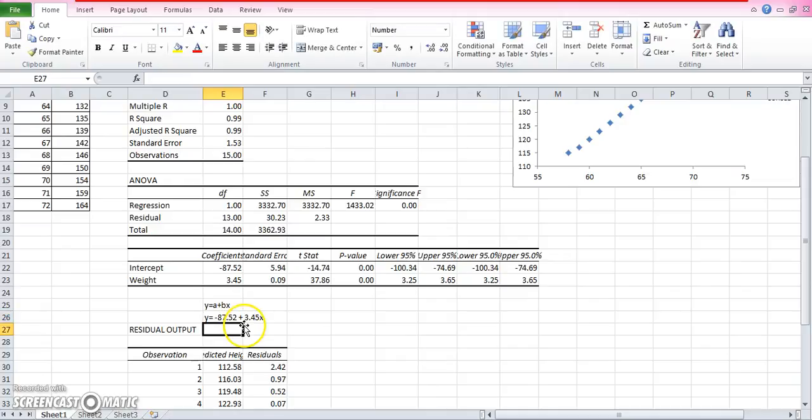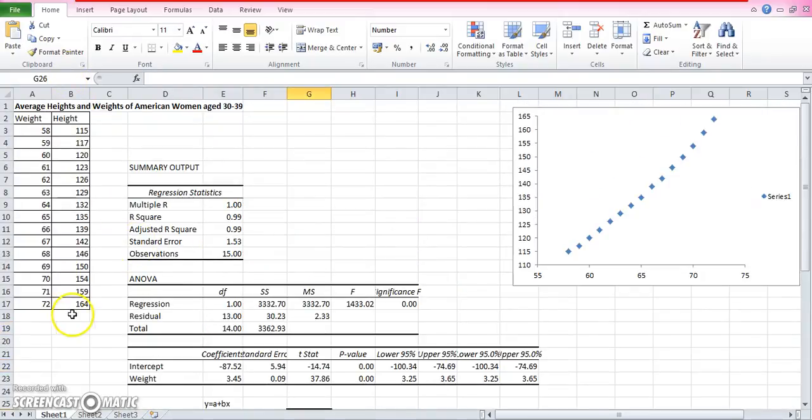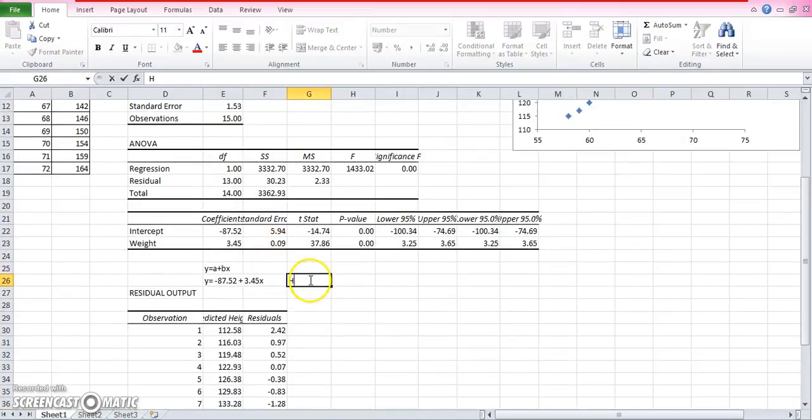So this is also equal to, we know that the y-axis is the height. So height equals negative 87.52 plus 3.45x, where x is the weight. So this is generally the equation for the regression line.